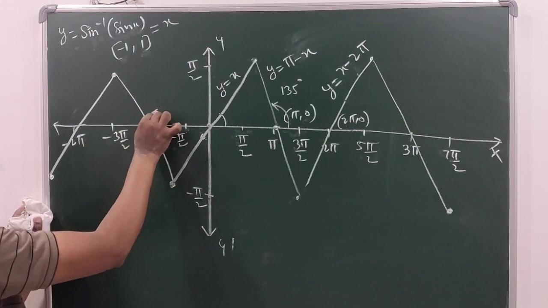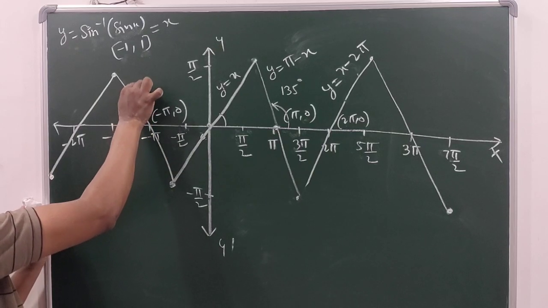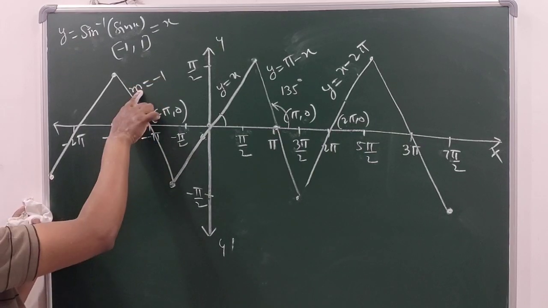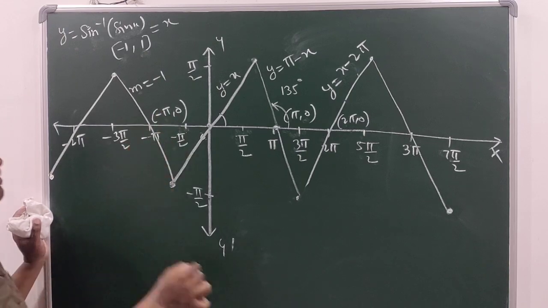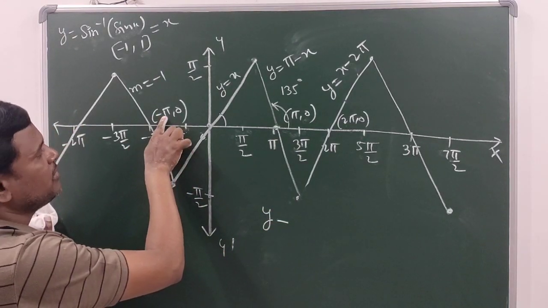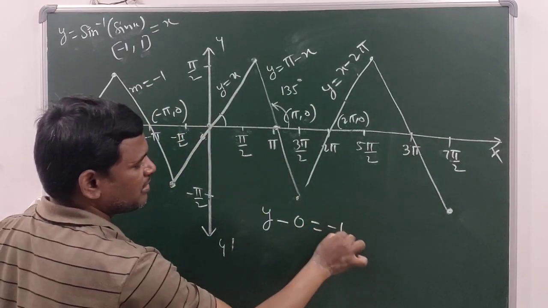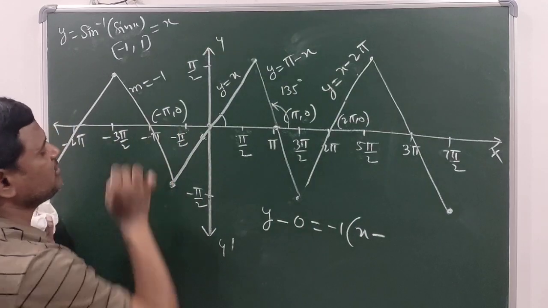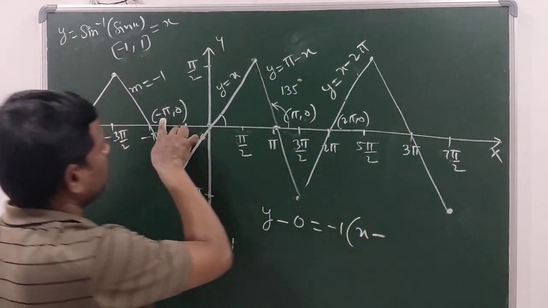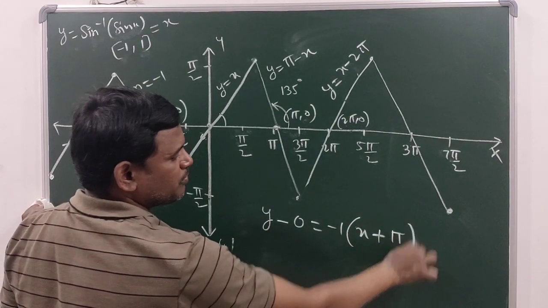Similarly this side also. It is passing through minus pi comma 0, no? And here it has slope minus 1. Use this slope, use this point. Apply the point slope form. y minus y1, where y1 is here 0. Now m value is minus 1. Now x minus x1, where x1 is minus pi, but in the formula a minus is there, which becomes positive.